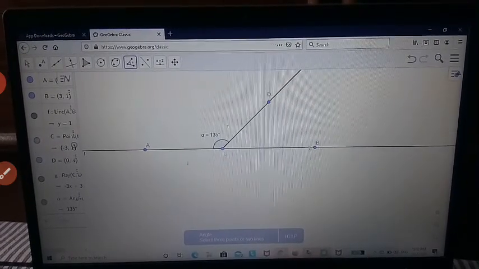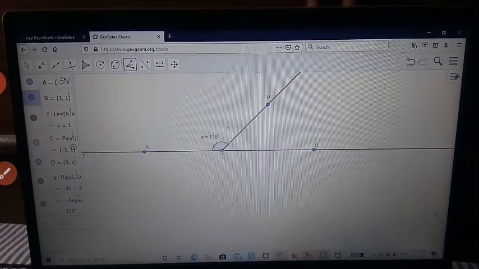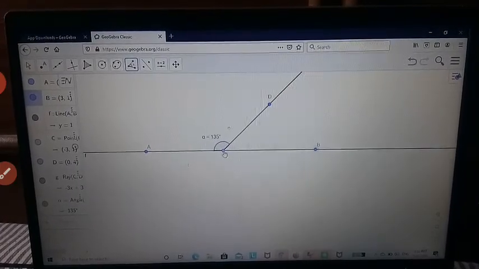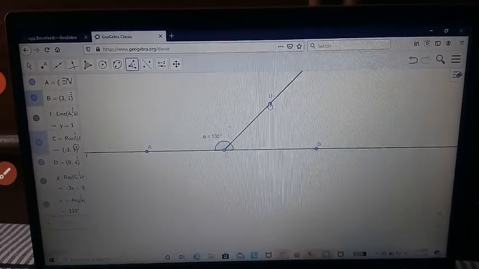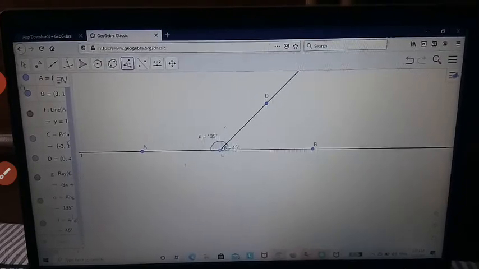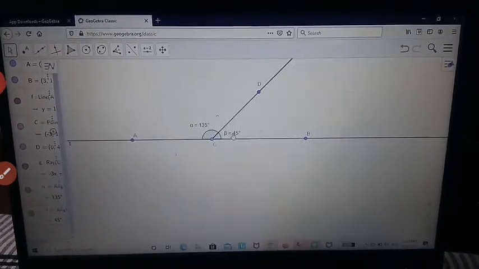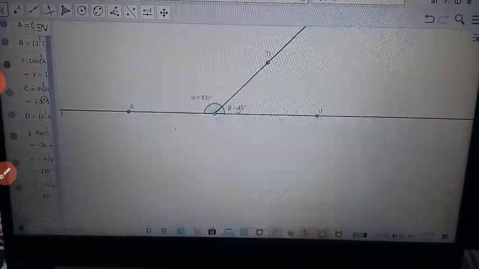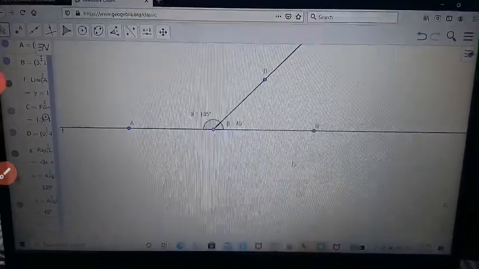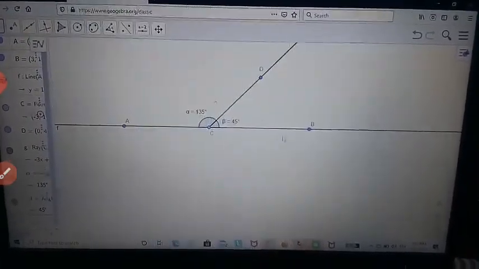Now let us measure angle BCD. We find that the angle is 45 degrees. When we add these two angles, we see that the sum is 180 degrees.